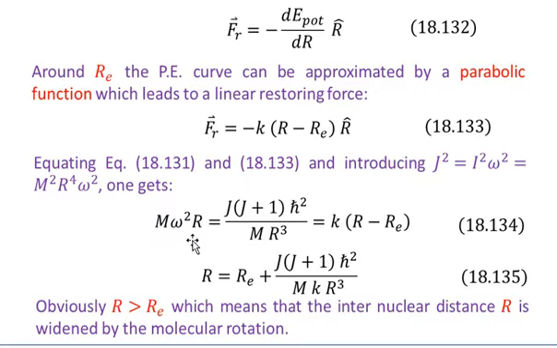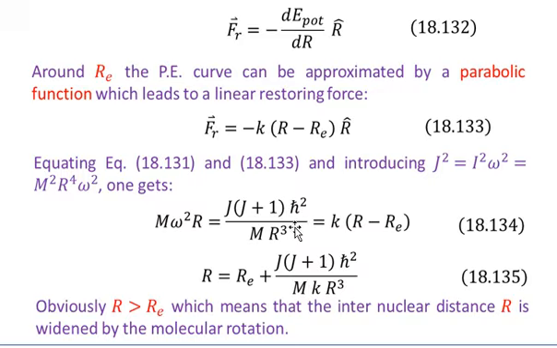That is, you divide both sides by m r cube, and also multiply by m r cube in the numerator, and then introduce J square there. Then you will get this central equation, which is obtained from the equation on the left hand side.